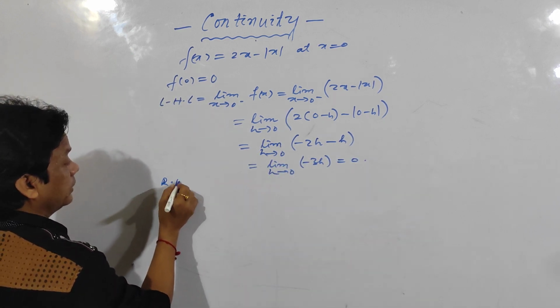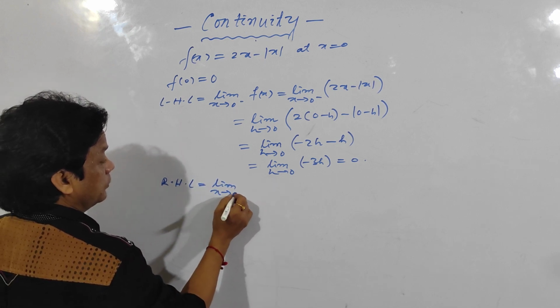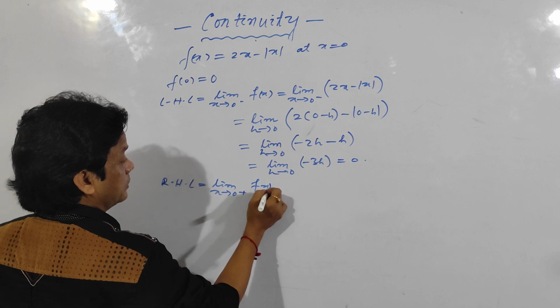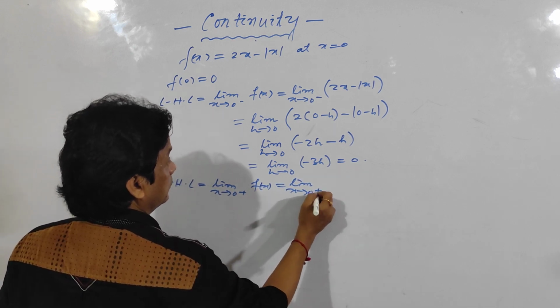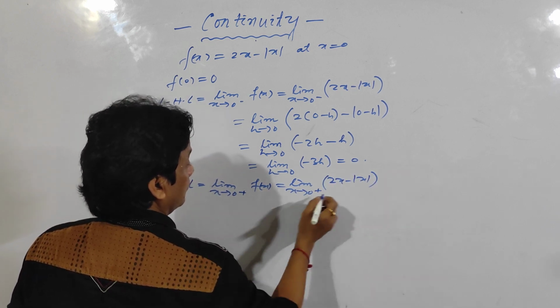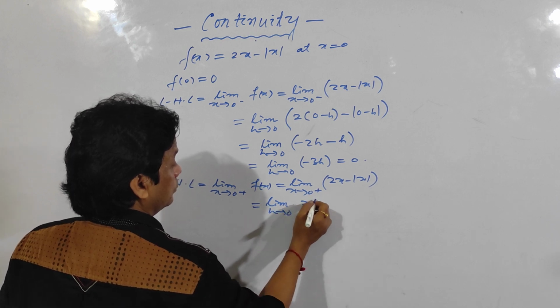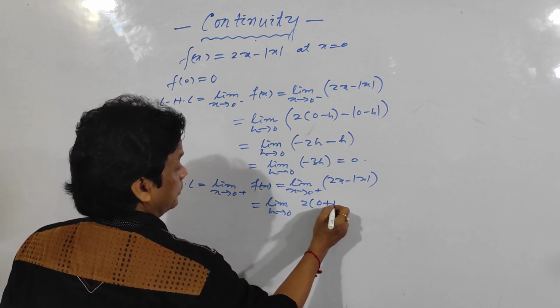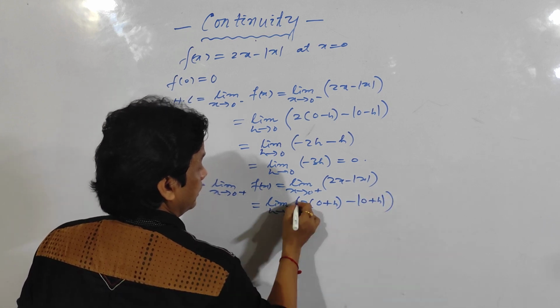So now again right hand limit. Limit x tends to 0 plus f of x is equal to limit x tends to 0 plus, and the function is 2x minus mod x. So limit x tends to 0, 2 into 0 plus h, you should write 0 plus h minus 0 plus h mod, put a bracket.